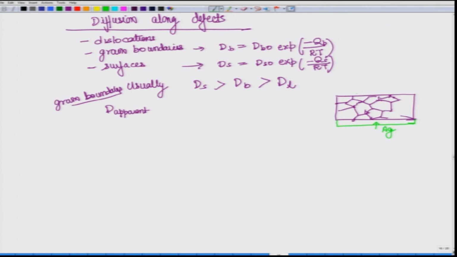Now you want to know how the concentration of the silver varies with the thickness. So there will be a very large concentration over here. We are drawing x over here, this is the x axis distance, and this y axis is the concentration. So it will vary something like this, but which diffusivity we have to take is the question. And what you will realize is that, like we have said, grain boundary diffusivity is greater than lattice.